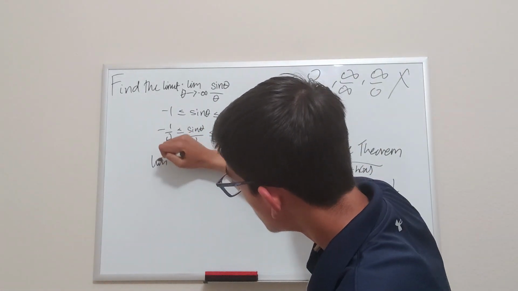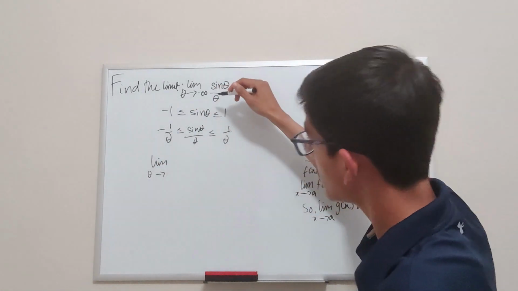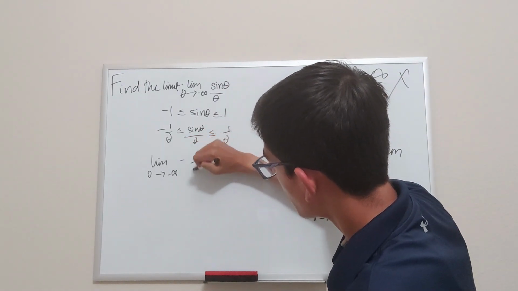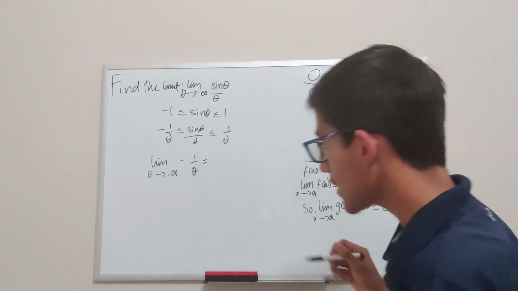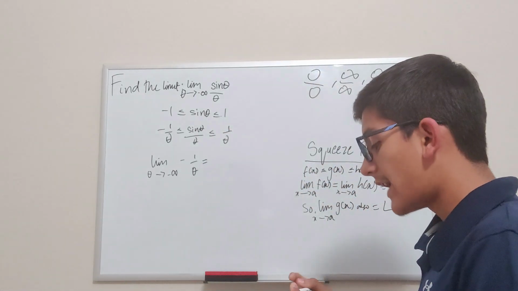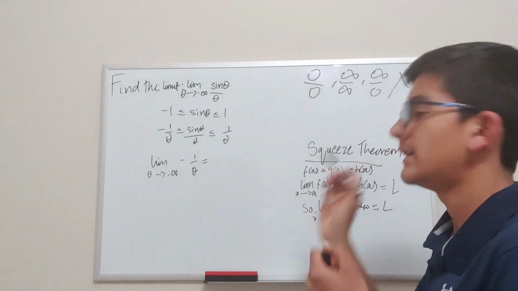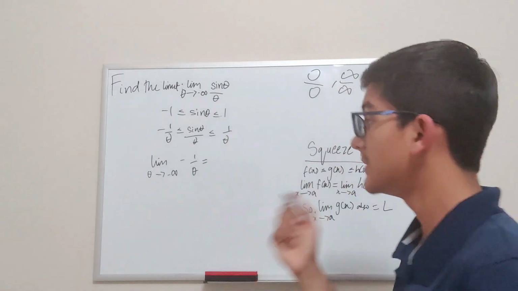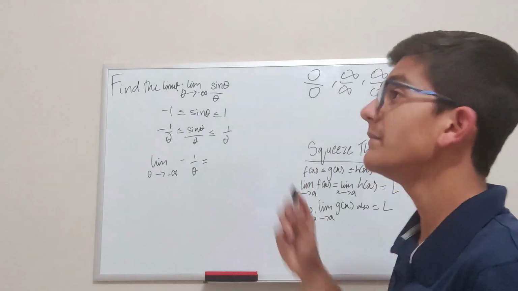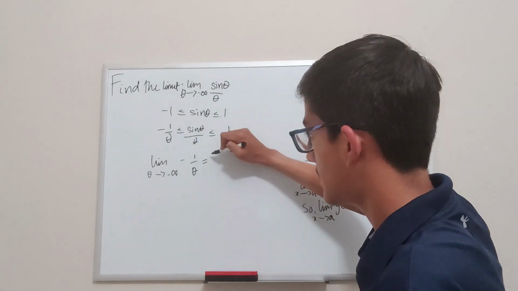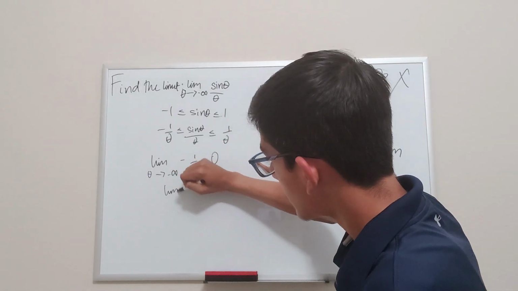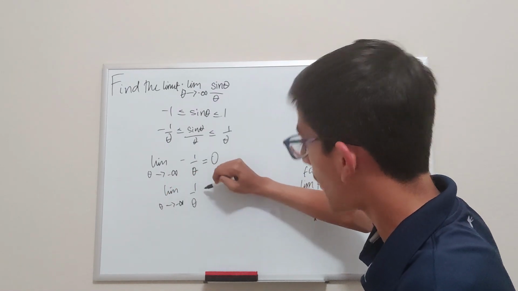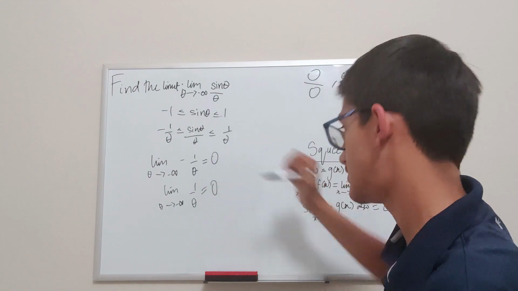So the limit as theta approaches the same value, that a, negative infinity of negative 1 over theta would be negative 1 over negative infinity, which is just some number being divided by a really big number, so just 0. And the same thing applies for positive 1 over theta, which is also 0.